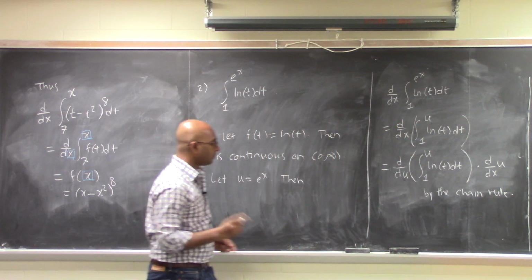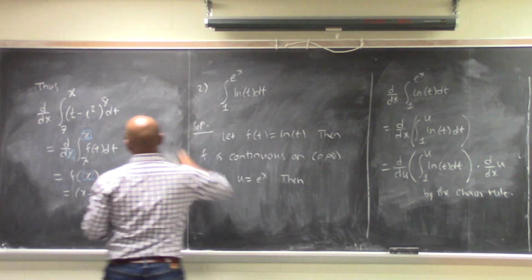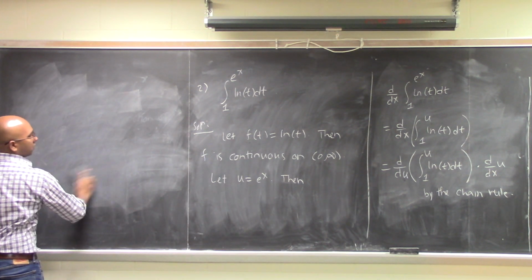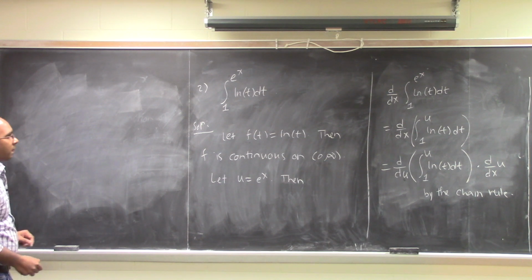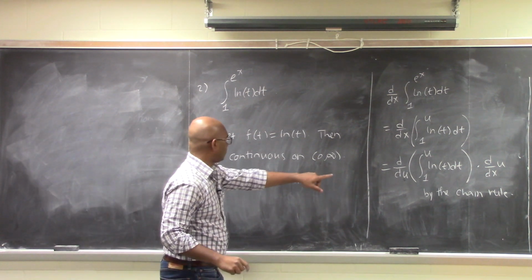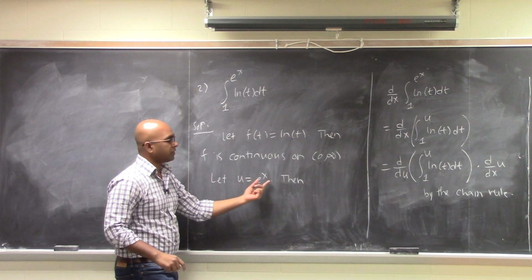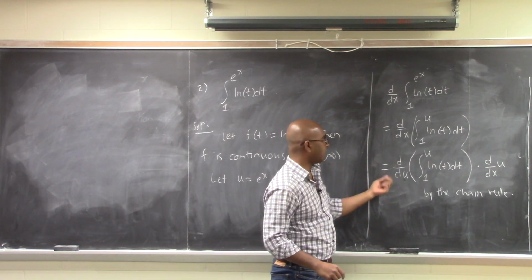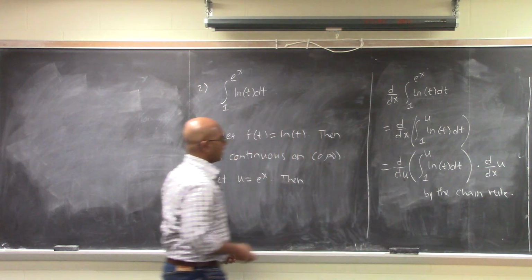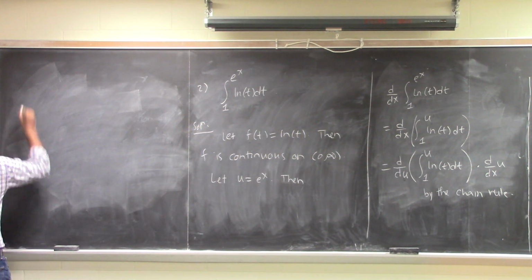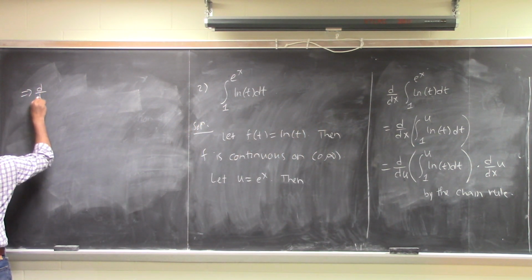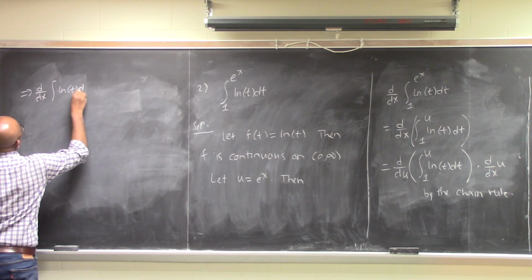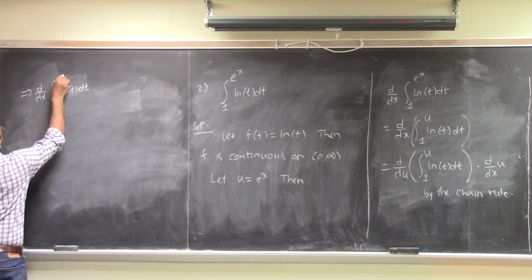Okay. Now, by the way, what is ddx of u? U is e to the x, so ddx of u is e to the x, right? So this whole derivative is e to the x times this thing. So let me just write it. So that means ddx of integration of ln of t from 1 up to e to the x.